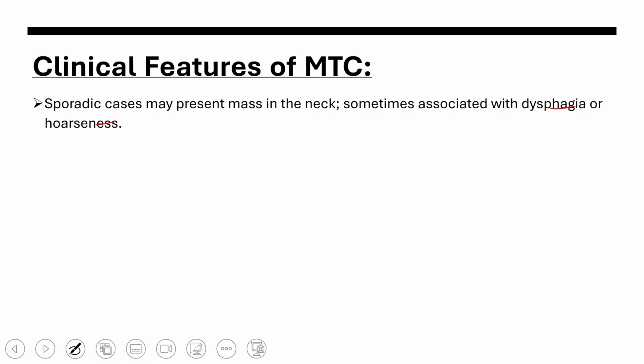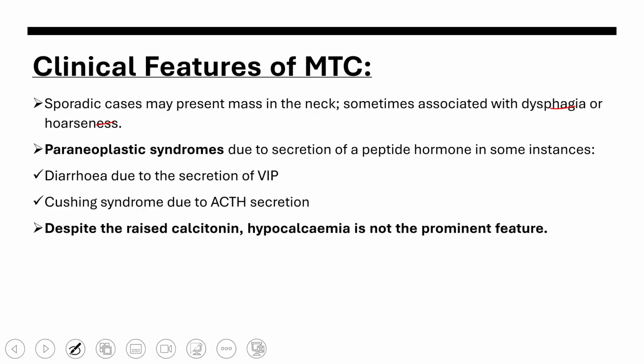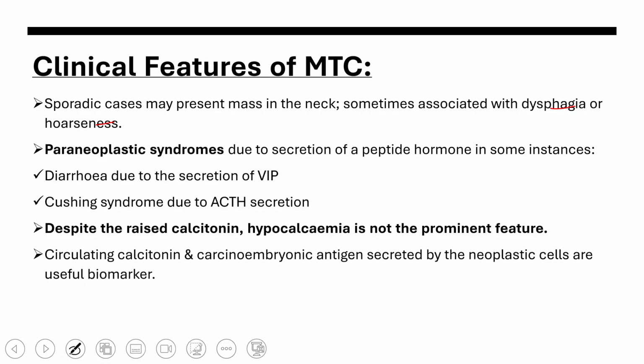Paraneoplastic syndromes can be seen in sporadic cases due to secretion of peptide hormones, like diarrhea due to secretion of vasoactive intestinal peptide, and Cushing syndrome due to adrenocorticotropin hormone secretion. Despite the raised calcitonin, hypocalcemia is not appreciated in medullary thyroid carcinoma.